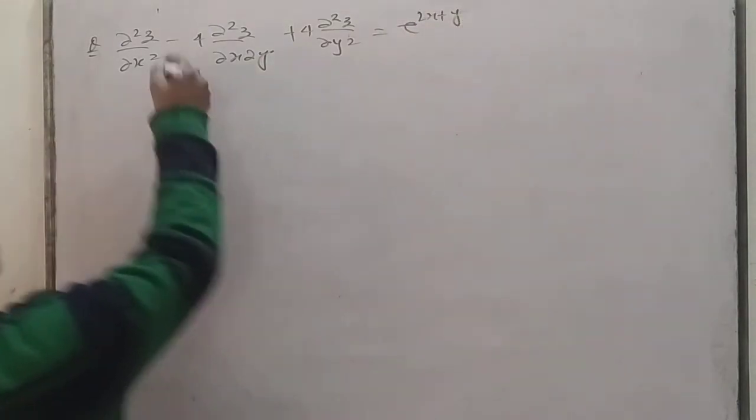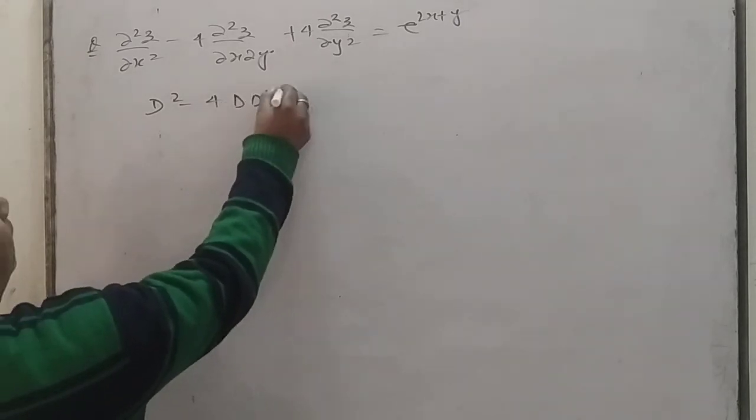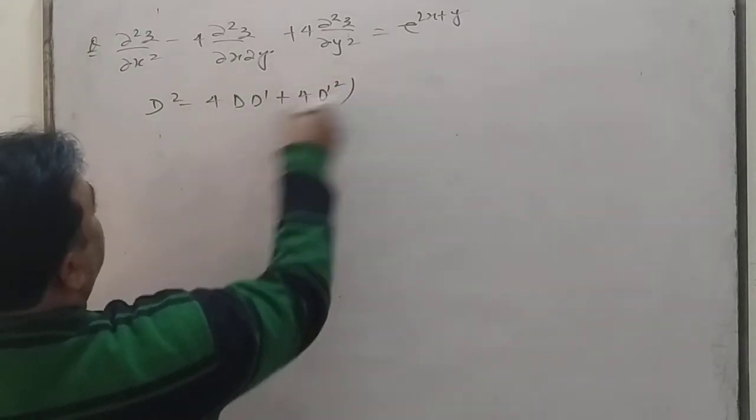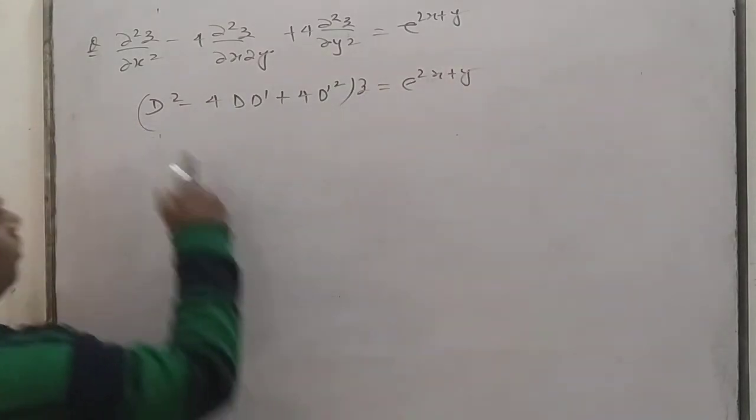Write this in operator form: d square minus 4d d dash plus 4d dash square z equal to e to the power 2x plus y.